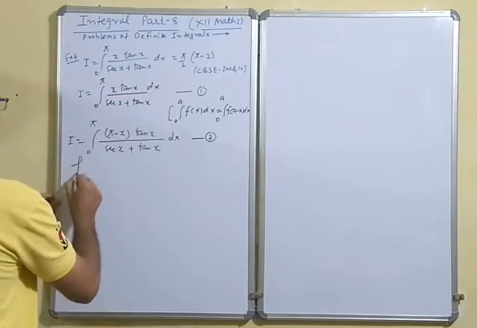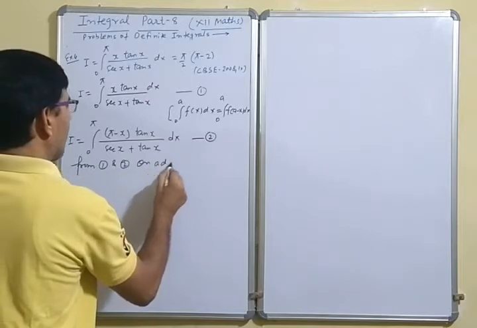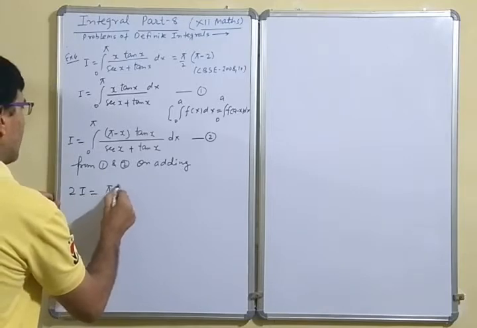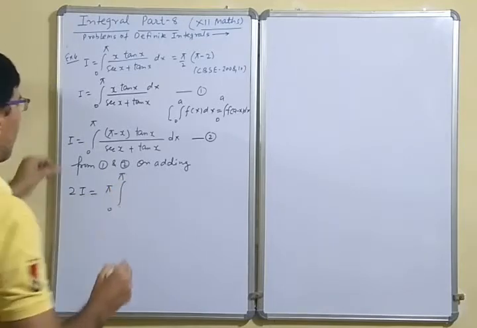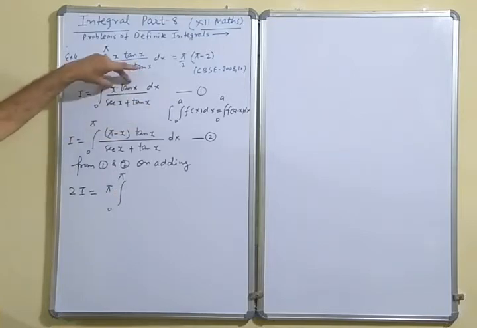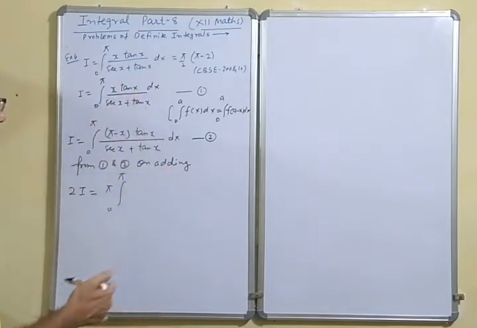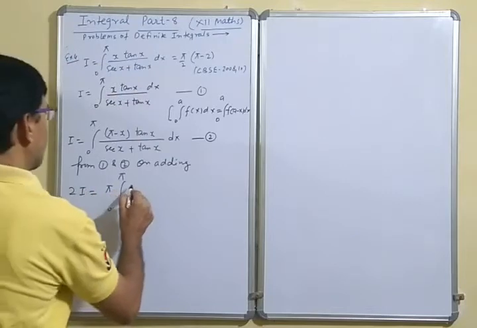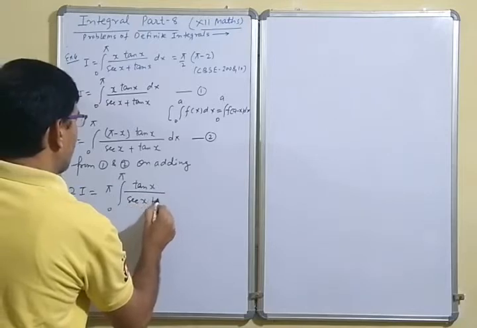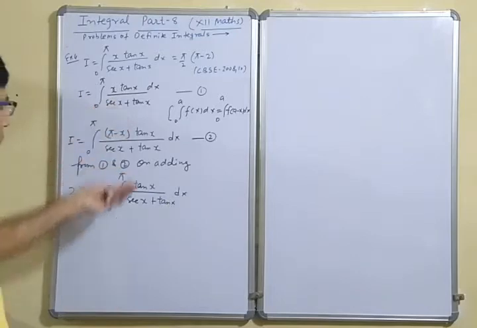So now from 1 and 2, on adding, 2I becomes pi times integral from 0 to pi of tan x divided by sec x plus tan x dx, because x tan x minus x tan x cancels out, as the denominator is the same.